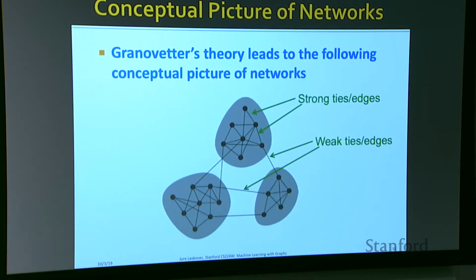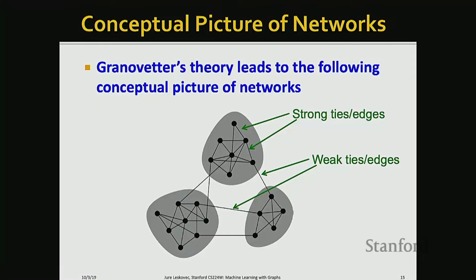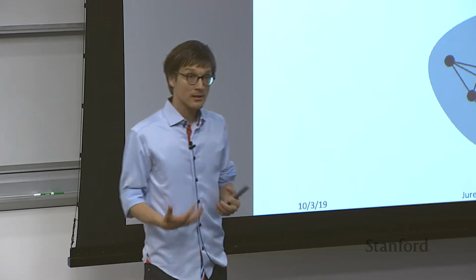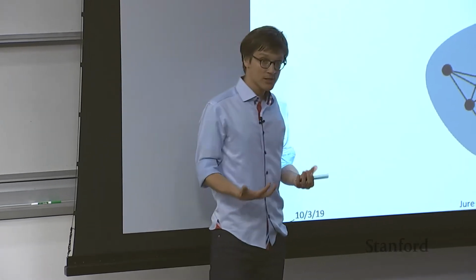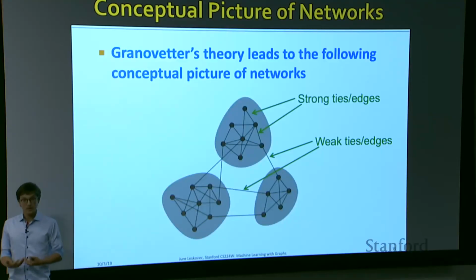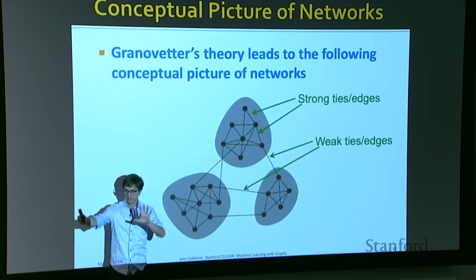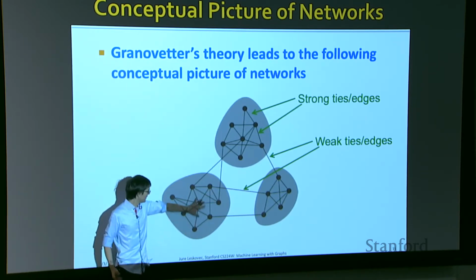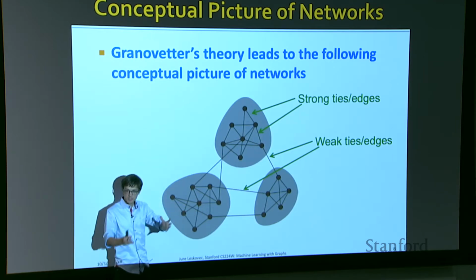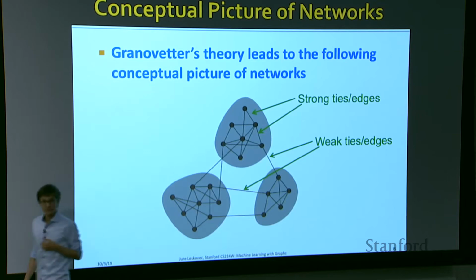So this is what I wanted to tell you as motivation for why we believe networks have clusters, and some empirical studies that have validated this on social networks. But the same happens also in other types of networks, like biological networks, where if you think of biological networks as some kind of machine, then these are almost like functional modules or subparts of the machine that are in charge of a given task, and you see similar types of structures.